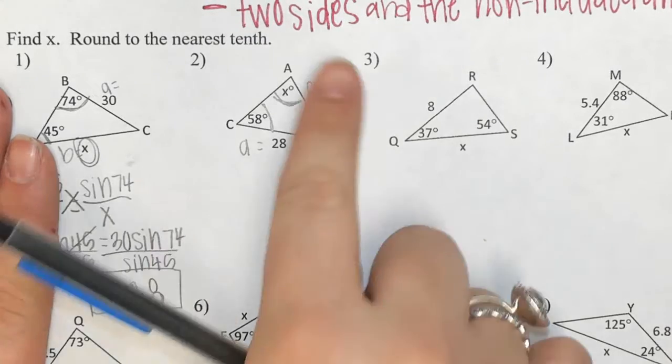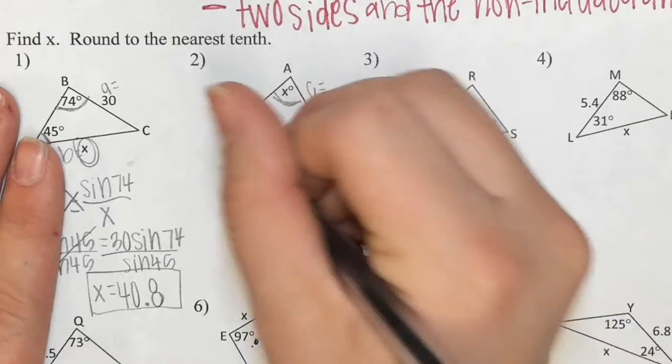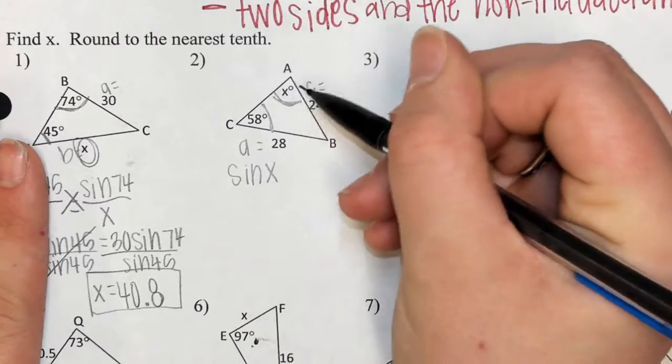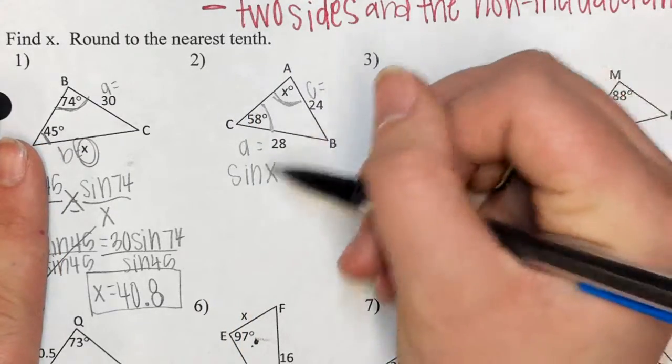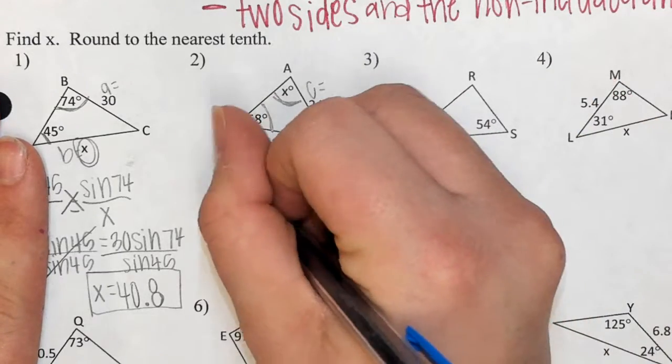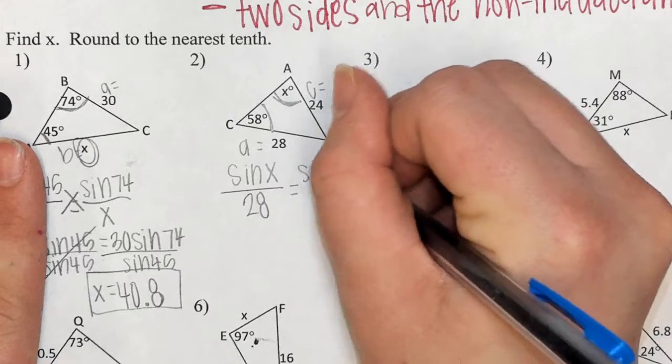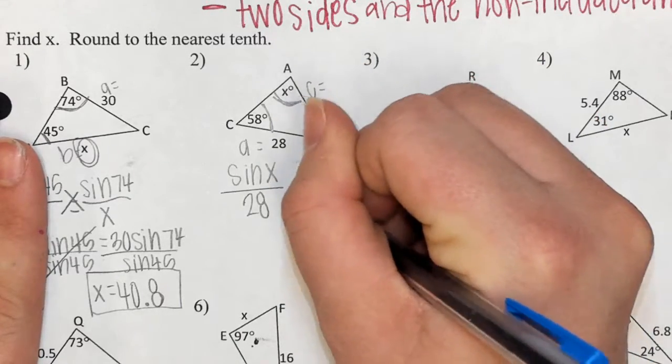In this case, I'm using A and C. So let's do sine of x, because that's what A is. Sine of x over 28, sine of 58 over 24.